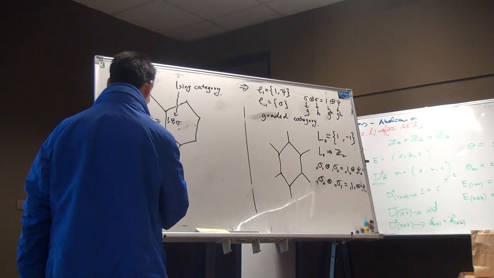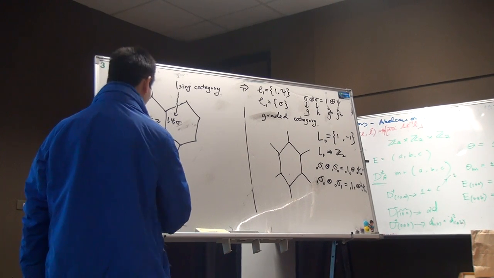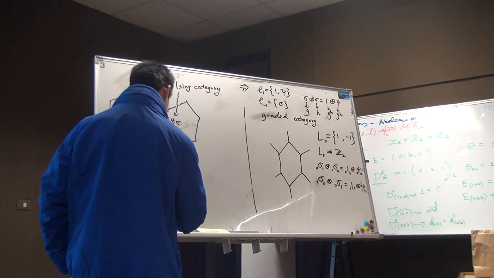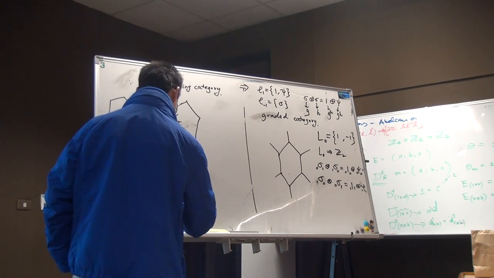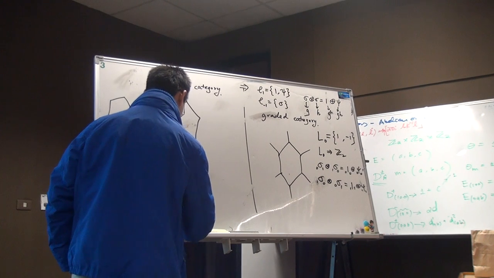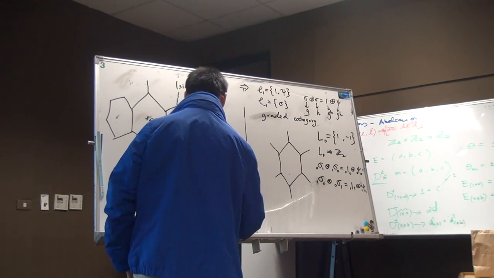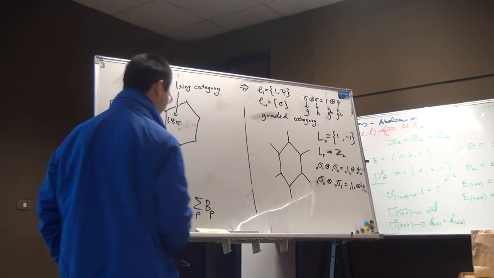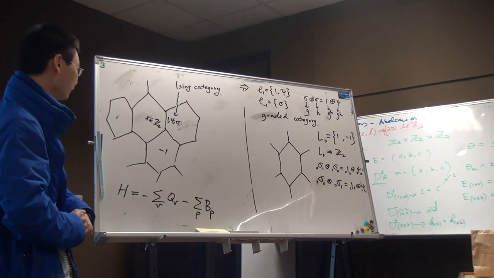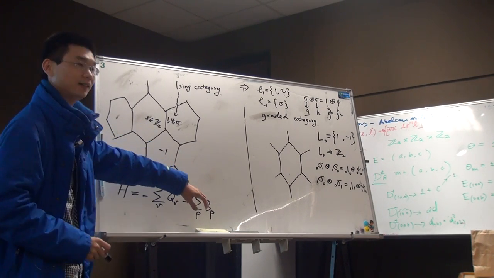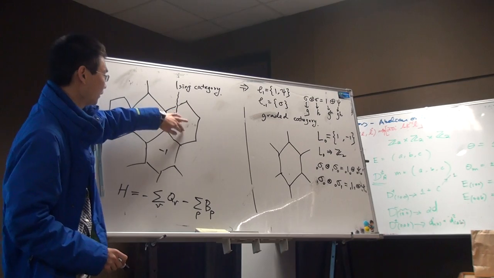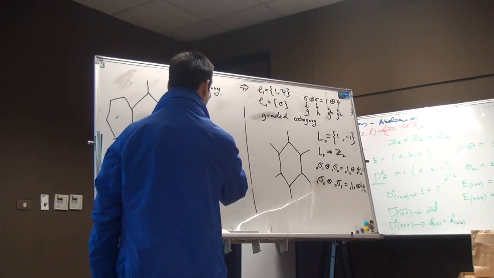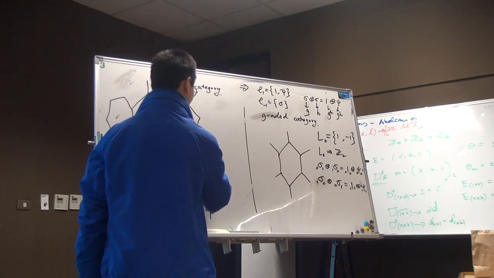And the Hamiltonian is defined, in general we have two terms, Q and BP. Q is defined at the vertices, and BP is defined at the plaquettes in terms of the six-j symbols.